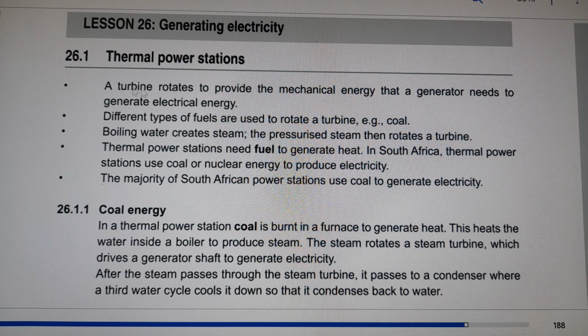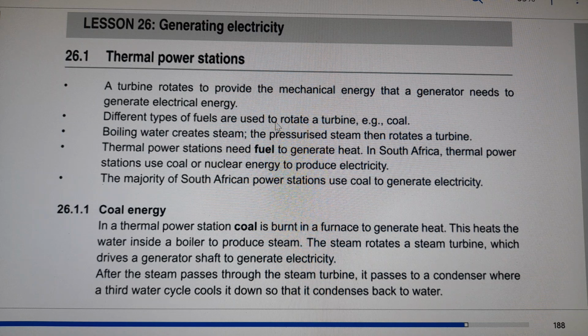So the generator generates electrical energy and the turbine provides mechanical energy. This is very important. You will see when we get to the diagram.